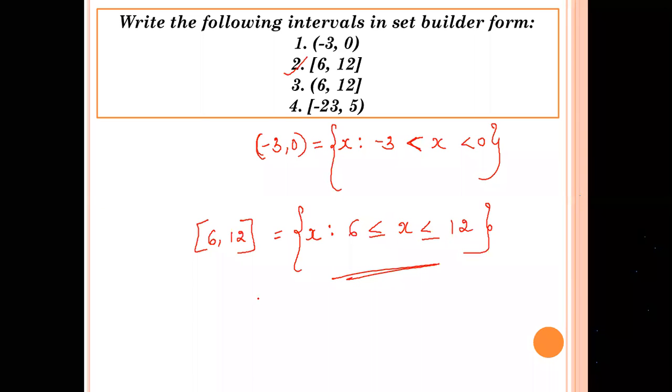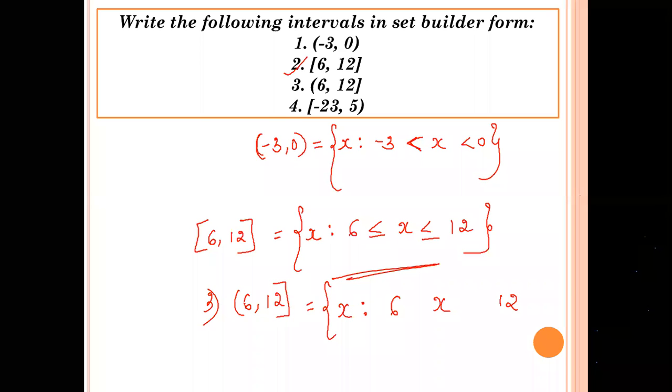Fine. Okay, so how to write the third one? It is open at the first end. Yes, good, Santhalin. Your answer is correct. So 6 and 12 are end points. Look at the 6 side. It is open, correct?